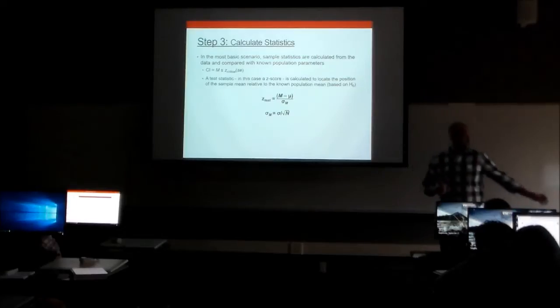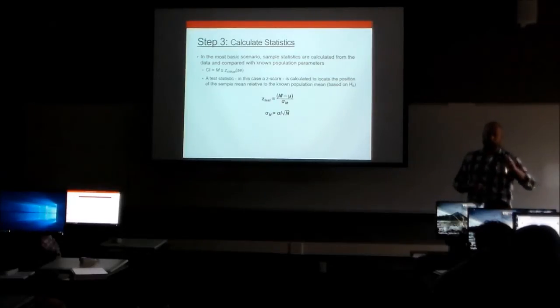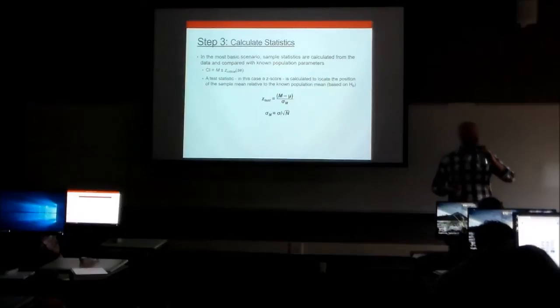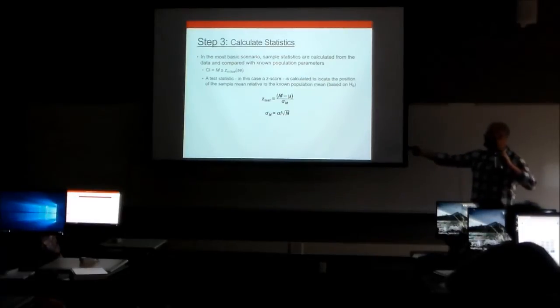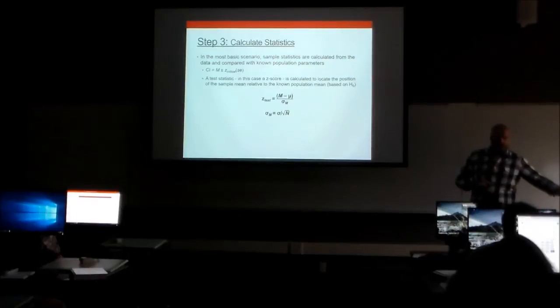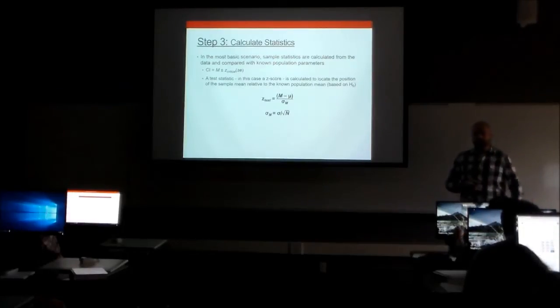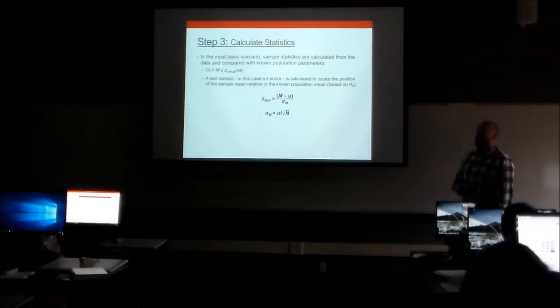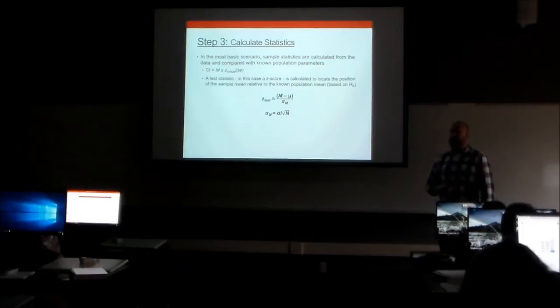When we were calculating confidence intervals in the last class, what determined this critical value here? Our percent confidence interval, right? Our precision. So if I have a 95% confidence interval, my critical value is 1.96.